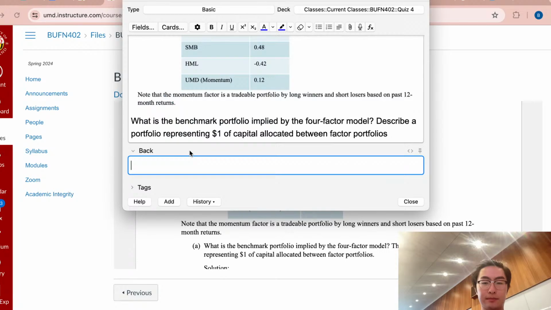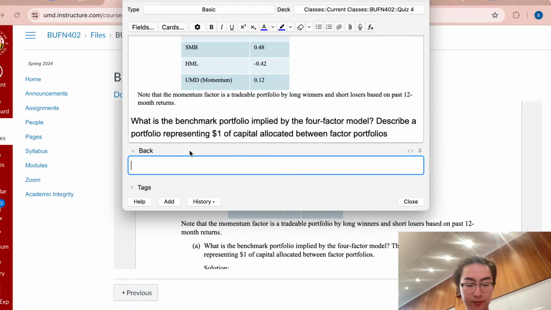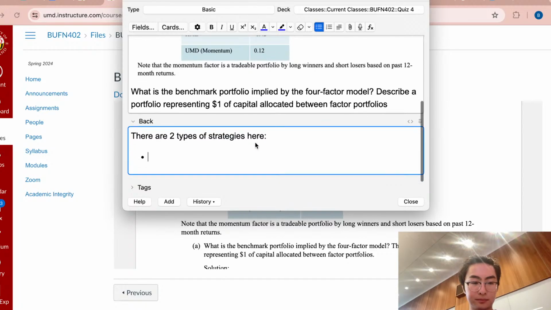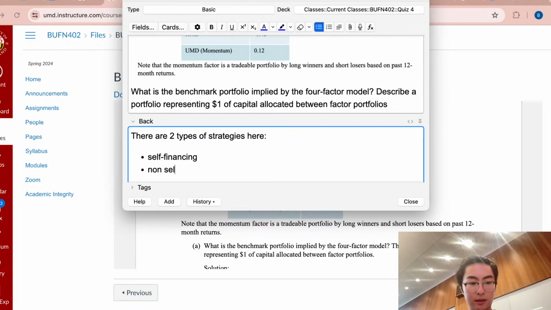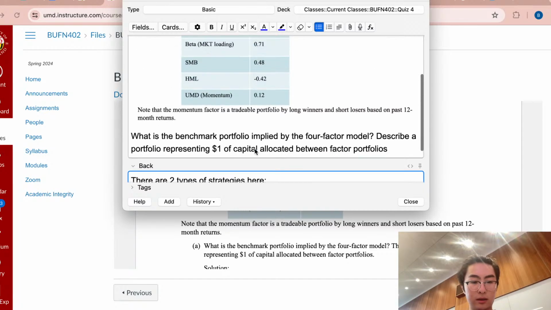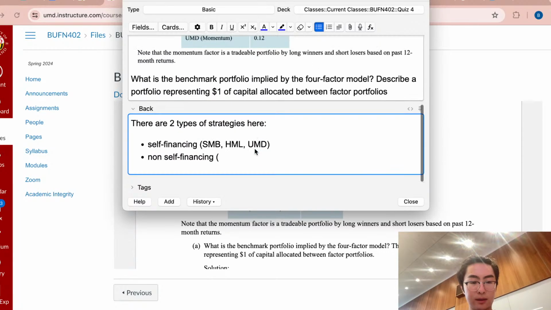All right. Strategies here. So we have self-financing and then non-self-financing. So this is going to be our SMB, HML, UMD. We also have beta and risk-free.